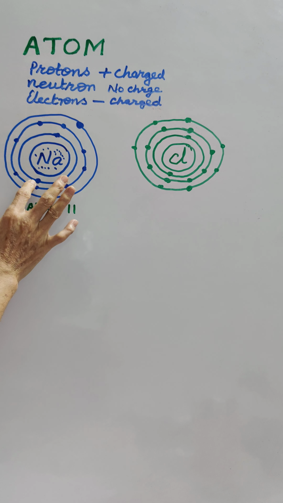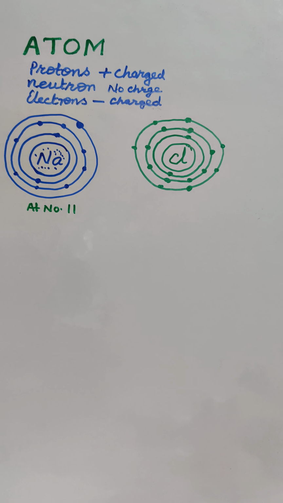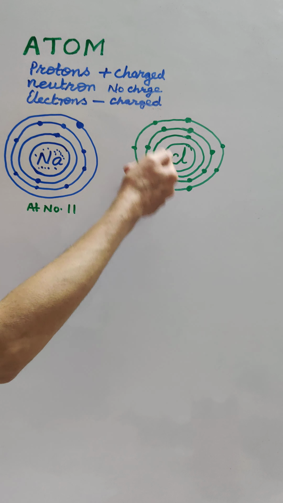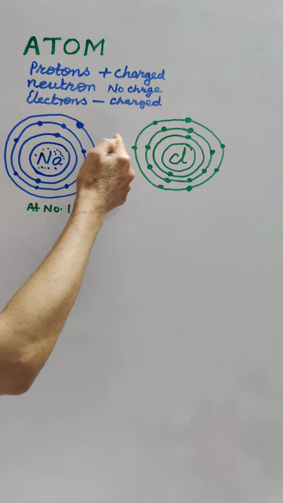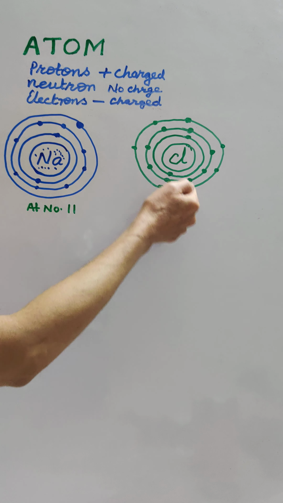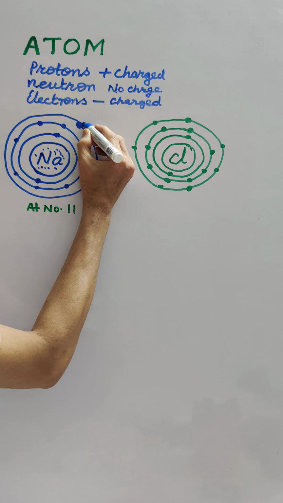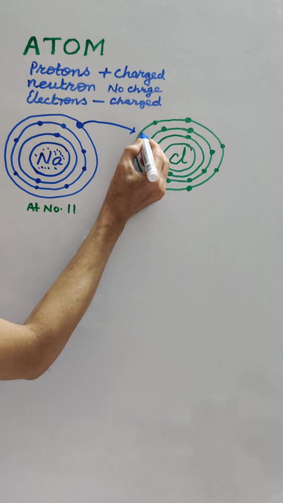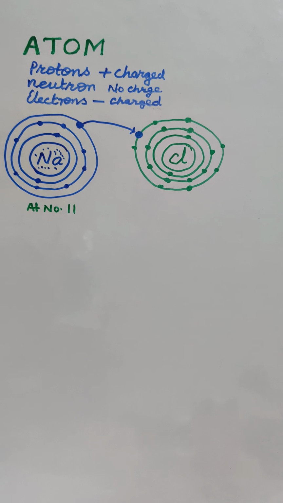Then there will be 2 orbits, with 2 and 8 electrons. In chlorine, 1 electron is donated by the sodium and gained by the chlorine. So this electron will be transferred to the chlorine.